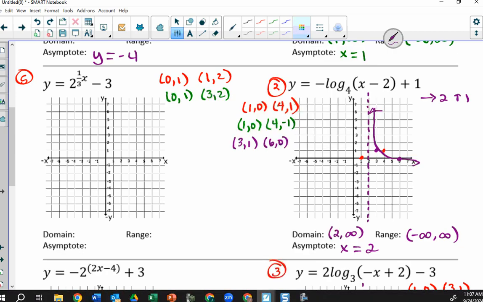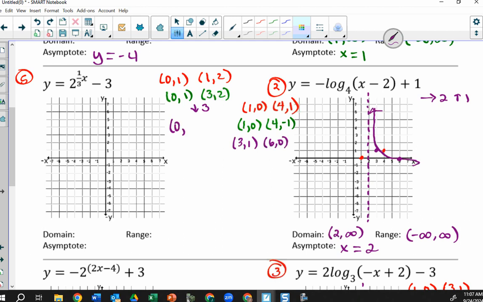All right, guys. I've labeled it number 5. This one with the 1/3 x. That's impacting your x values. What are we actually multiplying them by? 3. Yes. Okay. Then you do your vertical shift. We have to go down 3 from there.